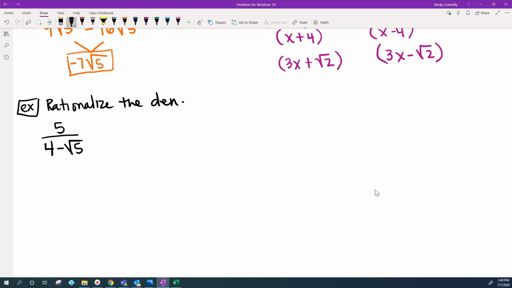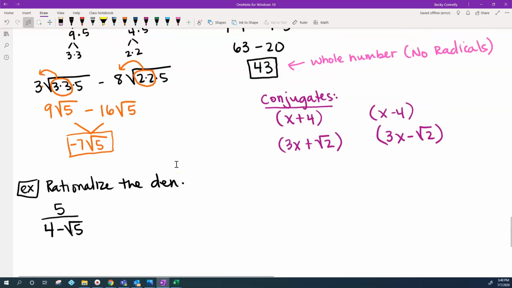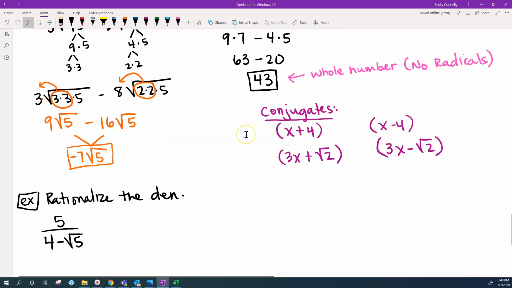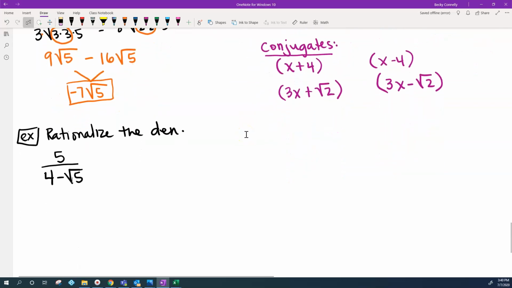Okay, so in order to rationalize the denominator, remember, to get rid of all of the roots and stuff in there, we need to multiply the denominator by its conjugate. Because whenever we multiply by a conjugate, we'll always get a whole number. It won't ever contain any radicals in it. Okay, so what would I want to multiply this denominator by?